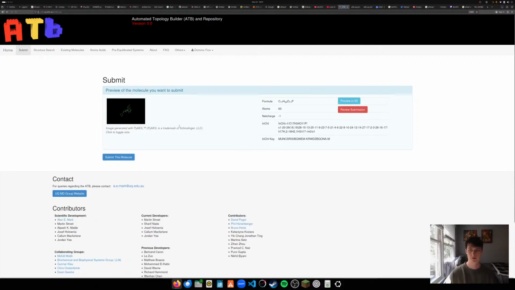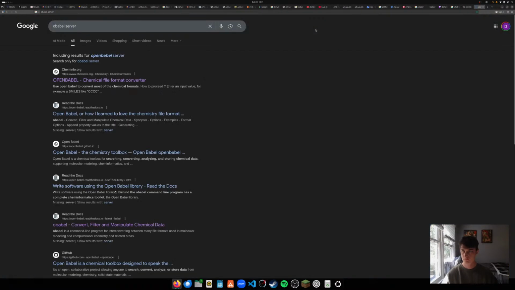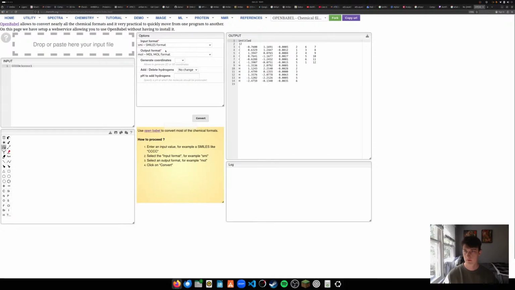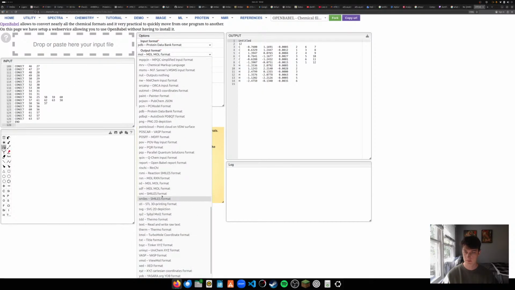I could convert it to a SMILES string. I think that's what I did. So let's try that and then submit that. We'll put in a PDB, convert that into a SMILES.